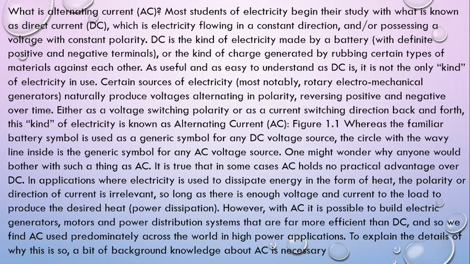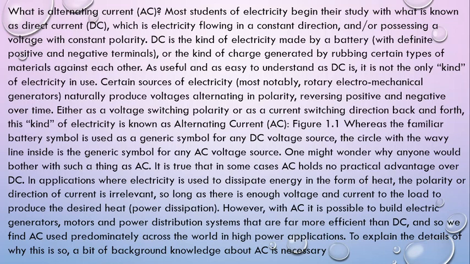Either as a voltage switching polarity or as a current switching direction back and forth. This kind of electricity is known as alternating current or AC.